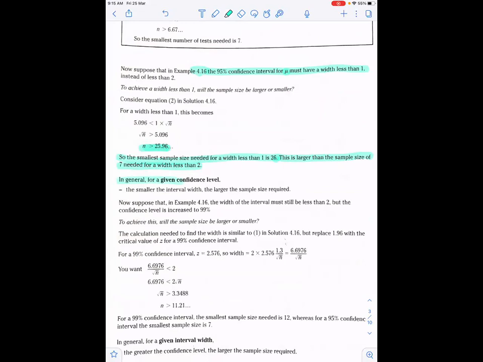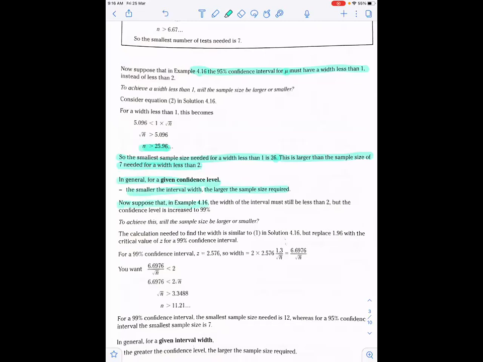In general, for a given confidence level, the smaller the interval width, the larger the sample size required. If you have a smaller sample size, then the width would be bigger.